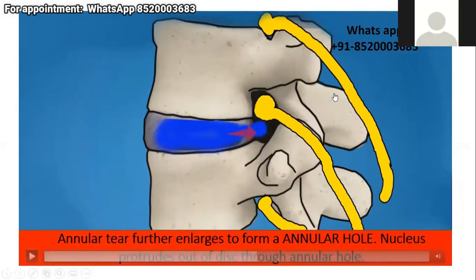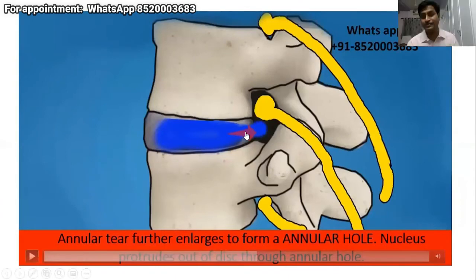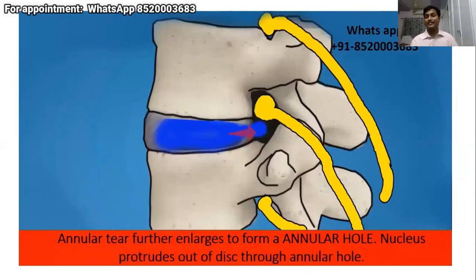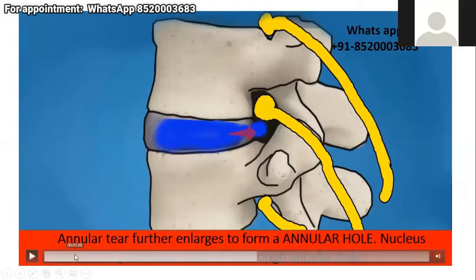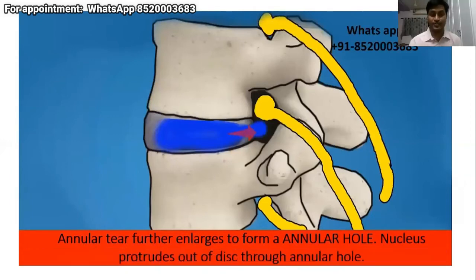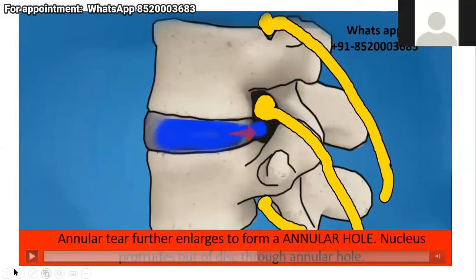Whenever a tear converts into complete prolapse, there will be temporary relief in pain. The severe low back pain which the patient was not able to tolerate, now they will be able to tolerate. So a sudden decrease in pain is not always good. Okay, sir. So what will be the next stage?